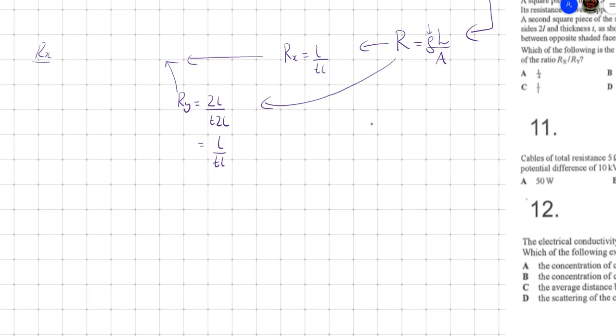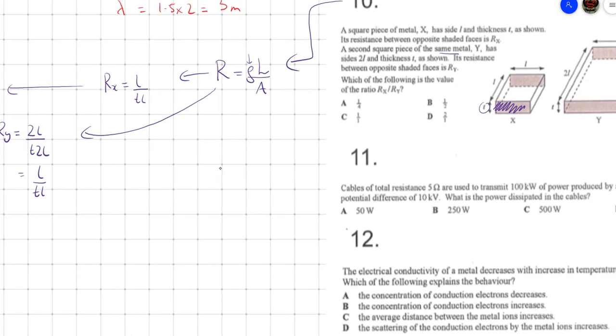So Rx is L over TL divided by L over TL, so they are the same, so therefore it just is 1 over 1. So the answer is C.